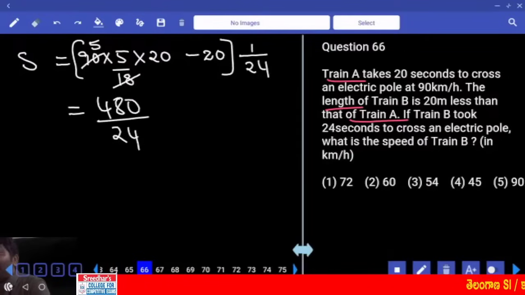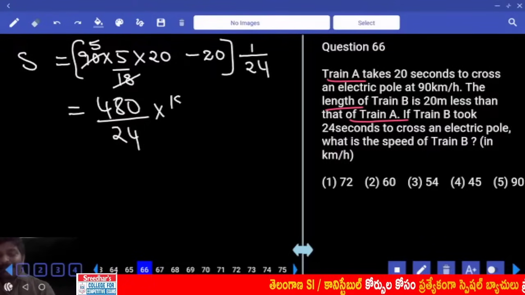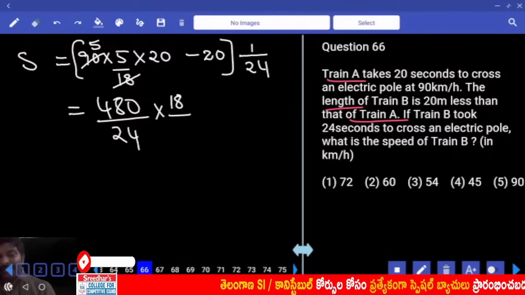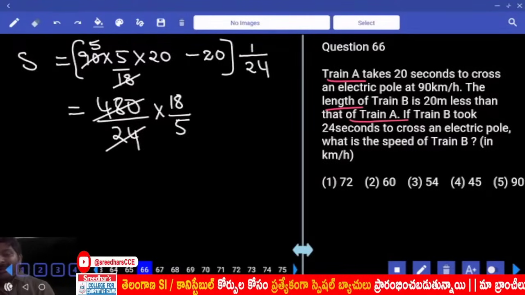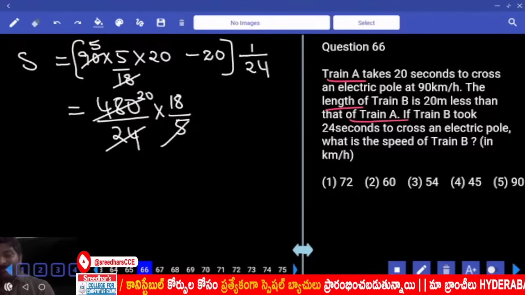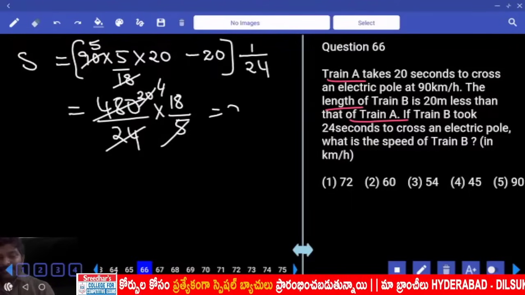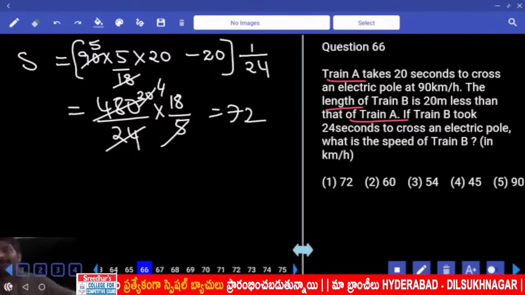You will get the answer in meter per second, but options are given in kilometer per hour. So you'll have to multiply it by 18 by 5. 24, 20 times 5, 4 times 18, 72 kilometer per hour.